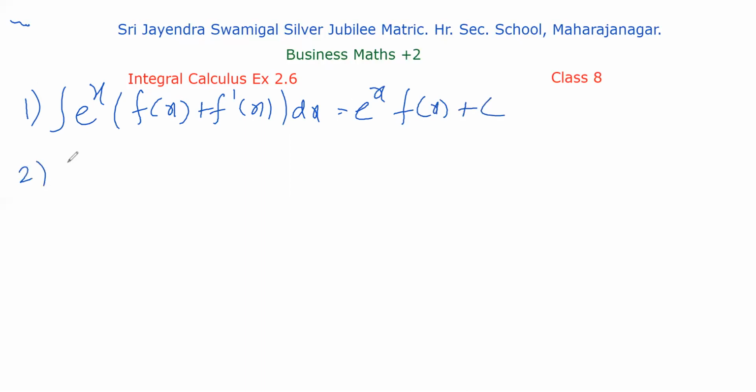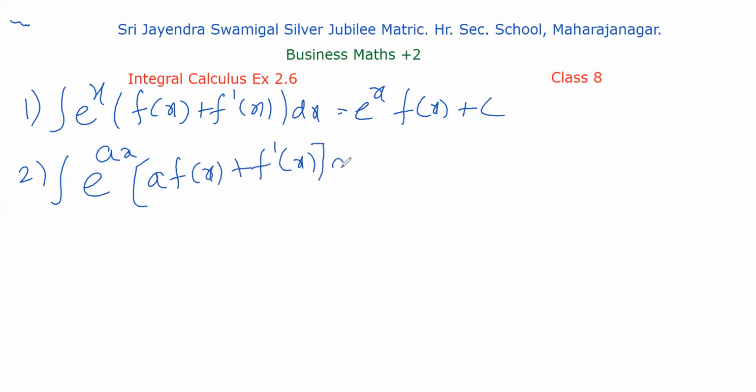Then the second formula, the same model, e power ax into a f of x plus f dash of x into dx is equal to e power ax into f of x plus c. So today we are solving problems using these two formulas.